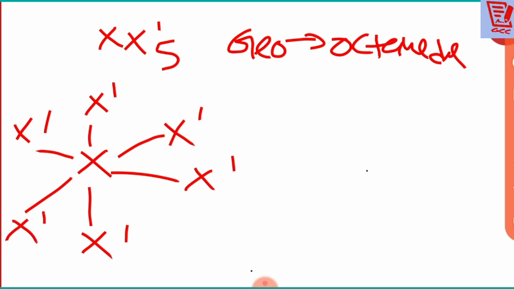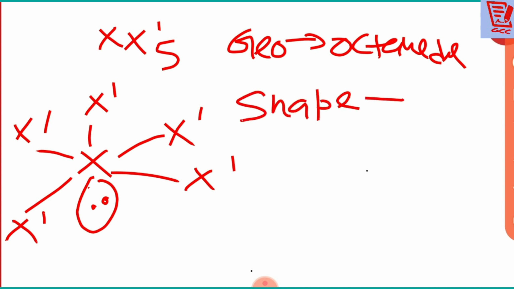But now what is going to happen over there? At the place of one halogen we are having a lone pair. So there will be one lone pair. Clear? And its shape, therefore, will be square pyramidal.